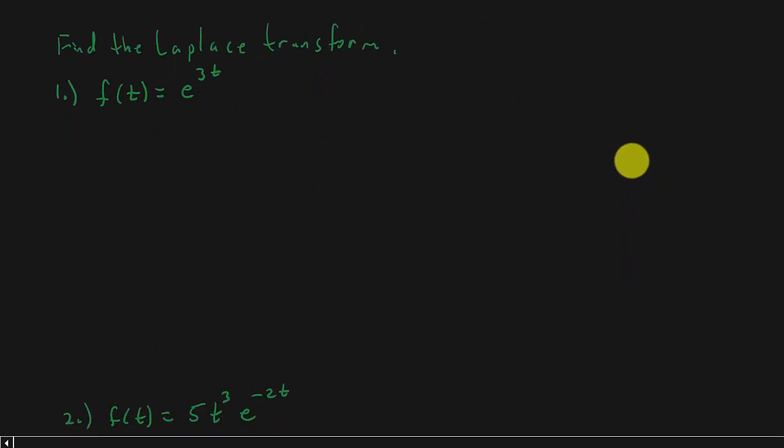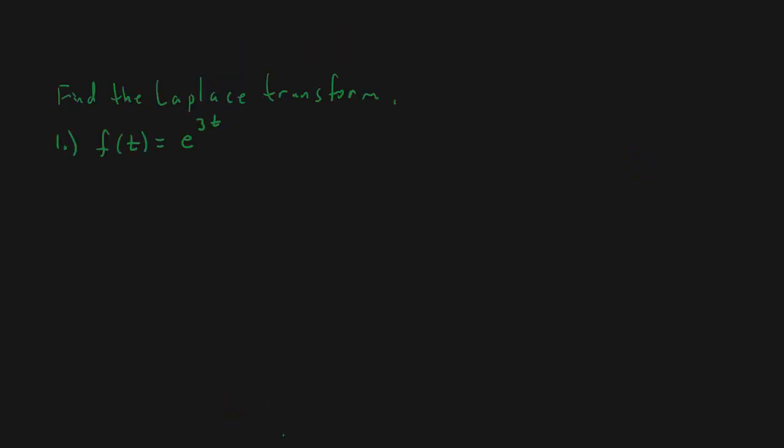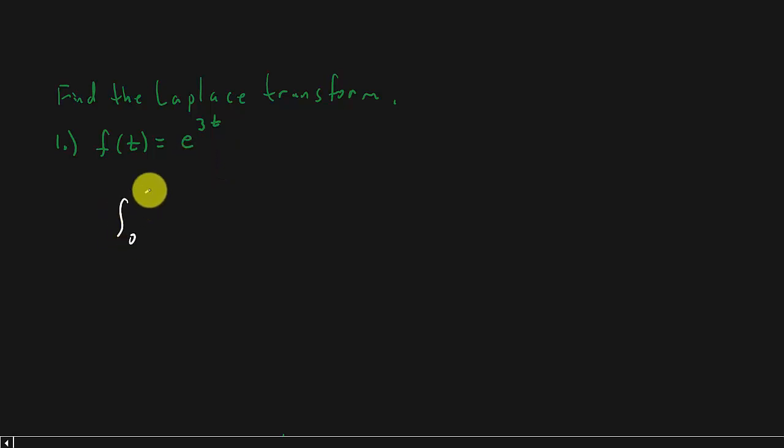They want us to find the Laplace transform of e to the 3t. All right. So if we were finding the Laplace transform of this thing using the definition, that would be 0 to infinity e to the negative st times e to the 3t dt.